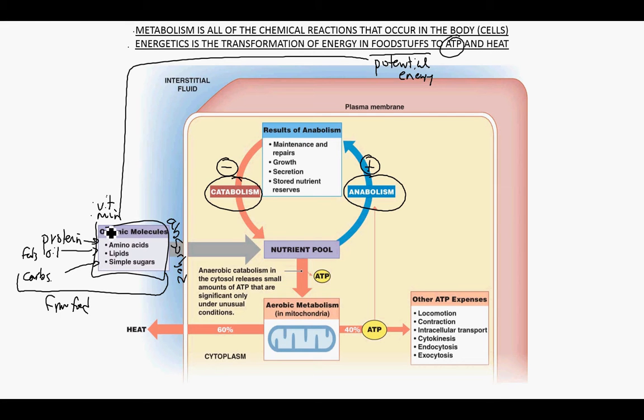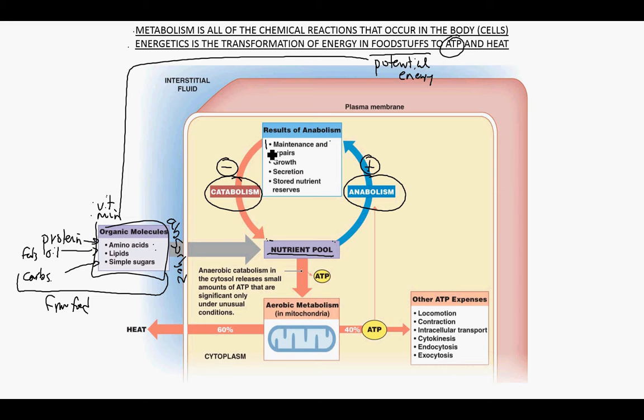So these organic molecules enter cells and they become part of what's known colloquially as the nutrient pool, right? So these simple monomers of amino acids and lipids and simple sugars are in this nutrient pool, and when you combine them together, they are used to, number one, maintain and repair the cell.